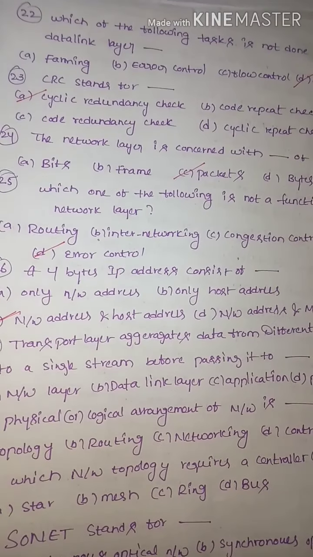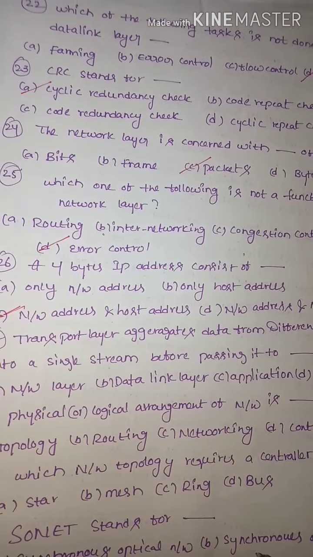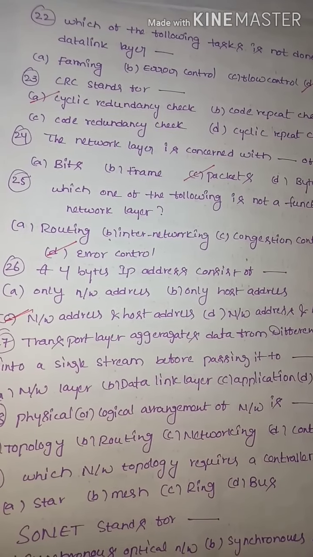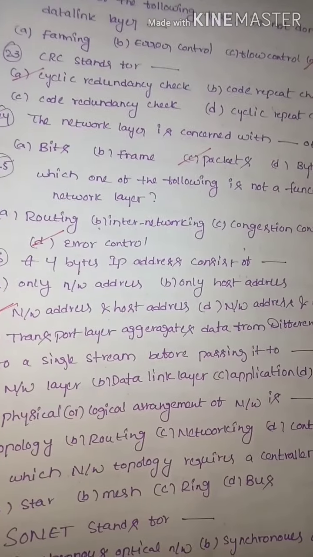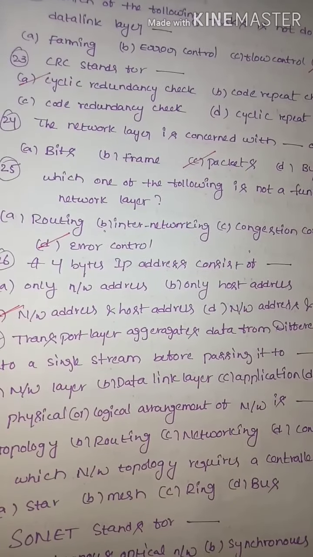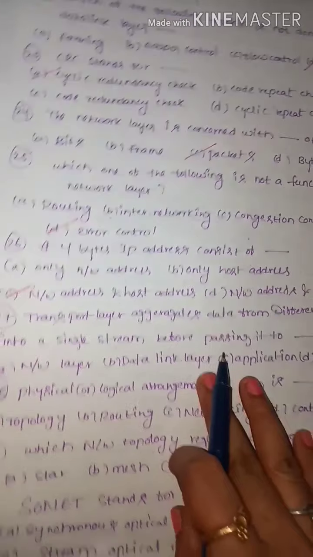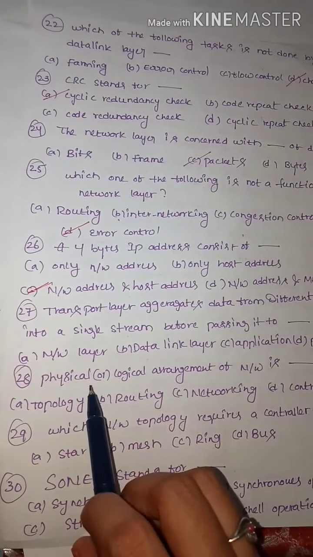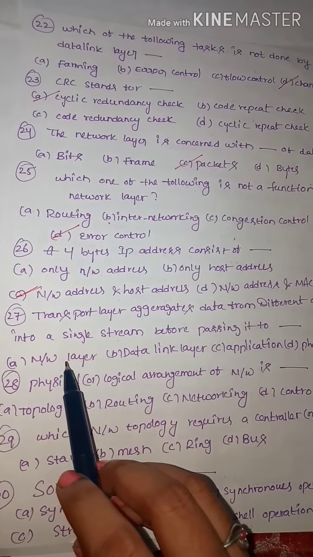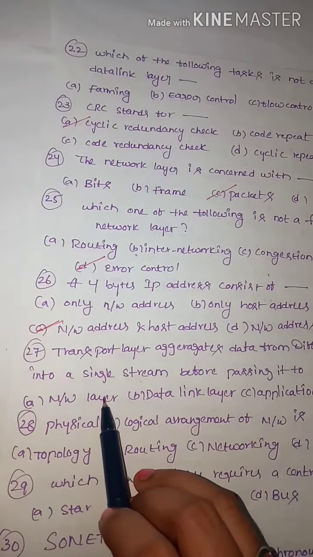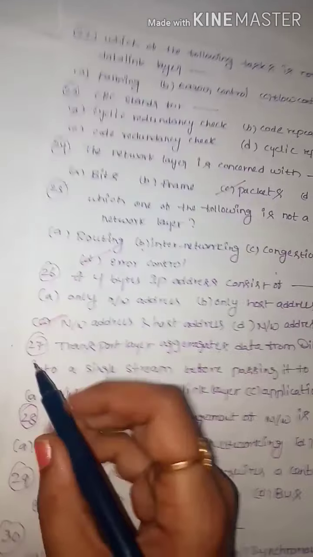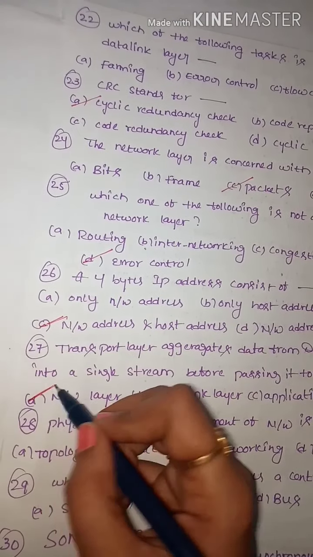The seven layers of the OSI model are application layer, presentation layer, session layer, transport layer, network layer, data link layer and physical layer. So the network layer is the answer. Before passing from the transport layer comes the network layer. Option A is correct.